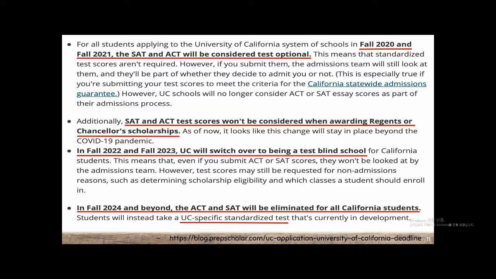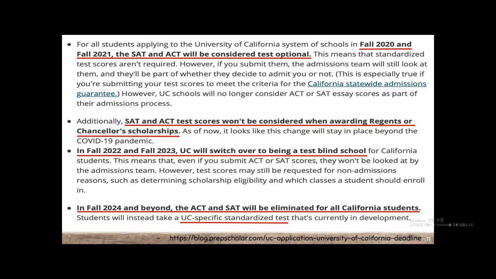universities changed the SAT and ACT policies. So, for fall 2020 and fall 2021, the SAT and ACT will be considered test optional. SAT and ACT test scores won't be considered when awarding regents or chancellor's scholarships.